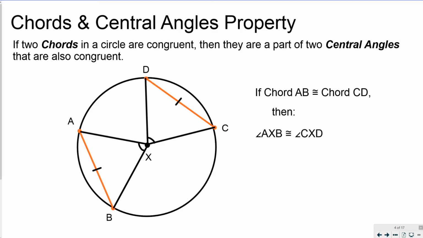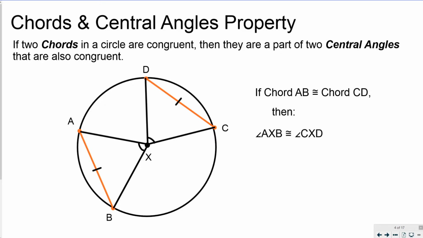So, the first property of chords relates to central angles. If two chords in a circle are congruent, then they are part of two central angles that are also congruent. So, if chord AB is congruent to chord CD, like shown, then central angle AXB is congruent to central angle CXD.